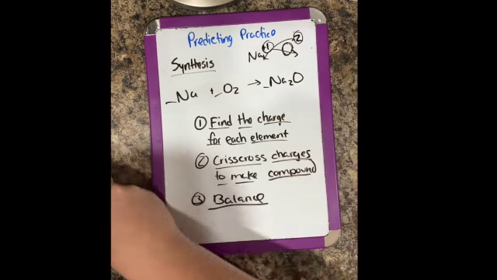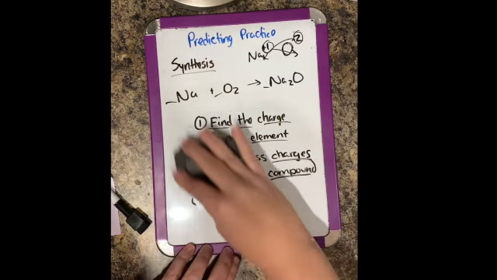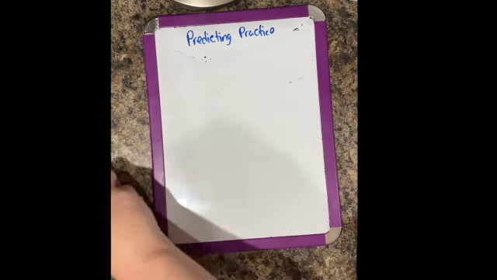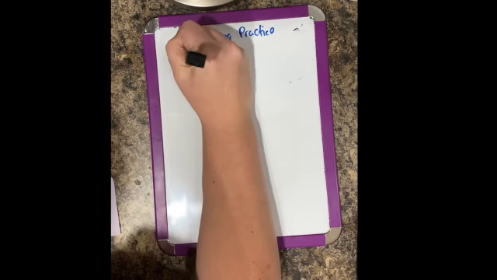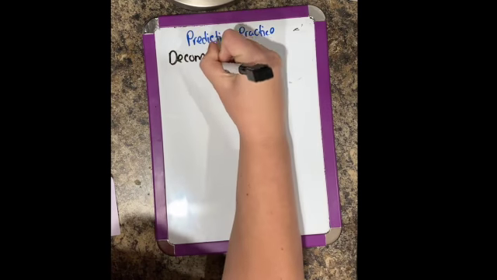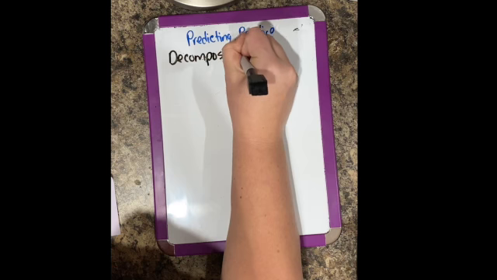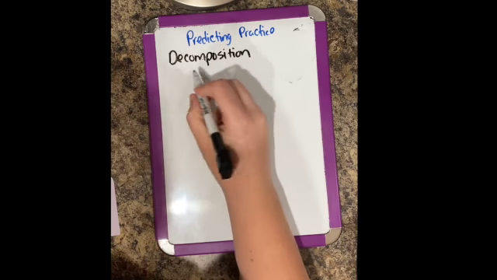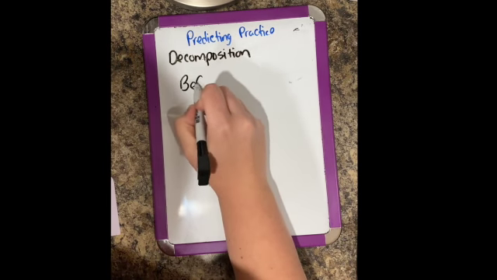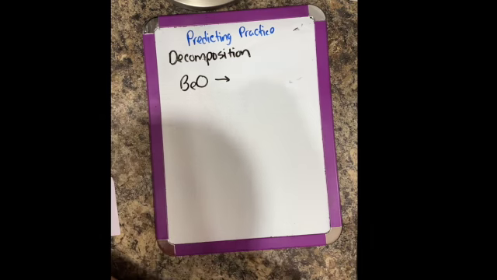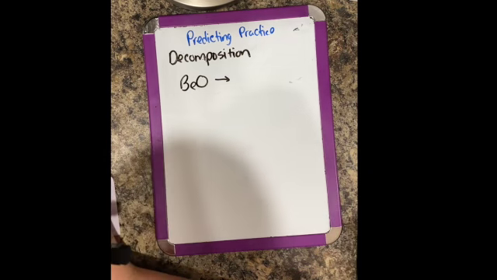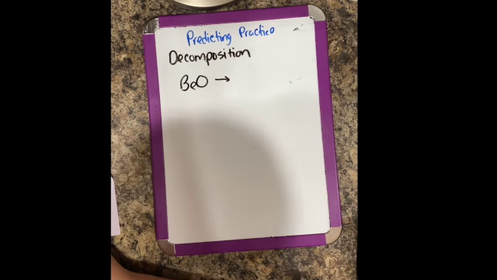All right, so the next type of reaction is decomposition. The way to identify decomposition is by it just being one single compound. There's no plus sign. It's just one compound and nothing else.